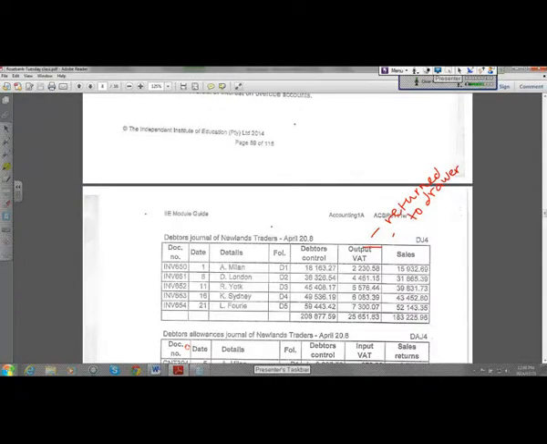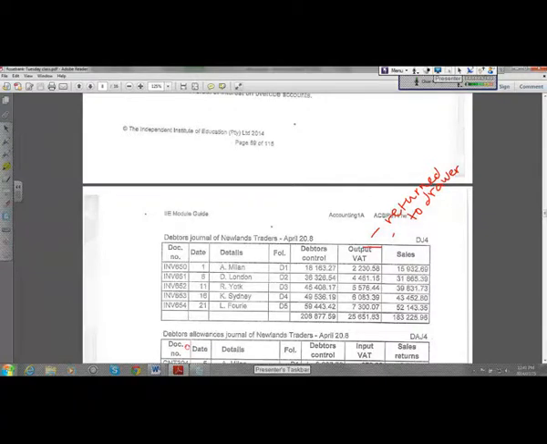Now let's take Mr. Milan's situation. If we are selling to him on credit, will the amount he owes us increase or decrease? It will increase.